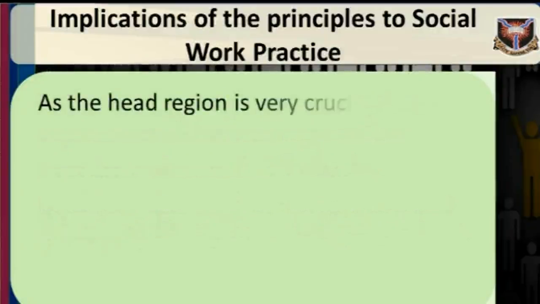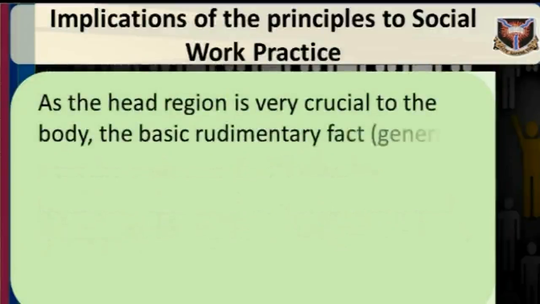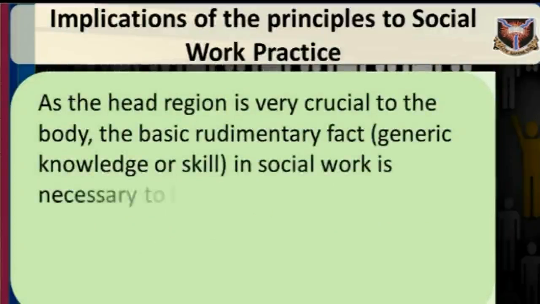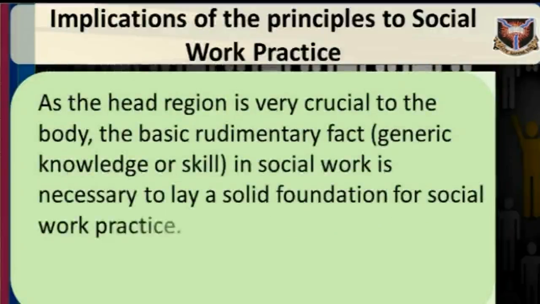As the head region is very crucial to the body, the basic rudimentary facts, that is, generic knowledge or skill in social work, is necessary to lay a solid foundation for social work practice.